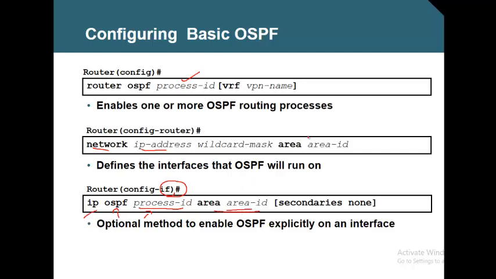So instead of giving area ID, wildcard mask, network, and a router mode, you can go straight to the interface. This is considered to be an optional method, but this is the method I always prefer.